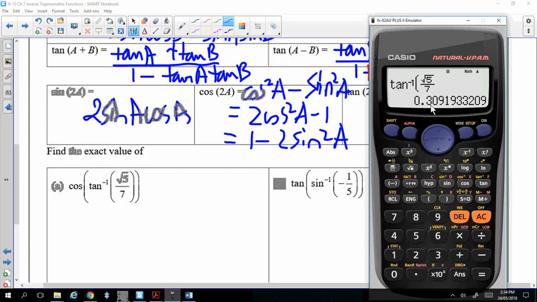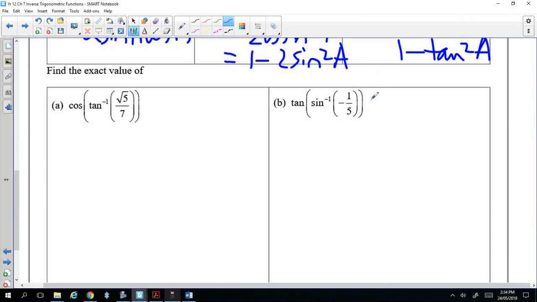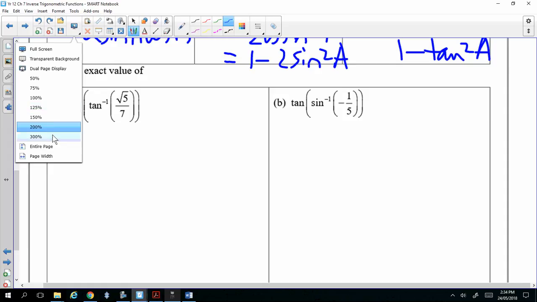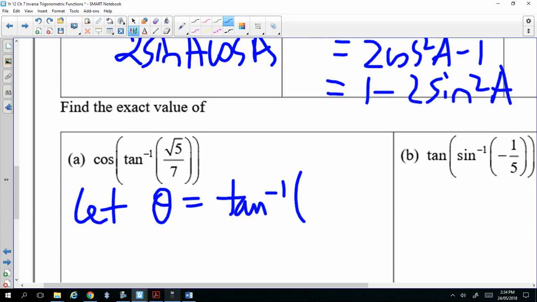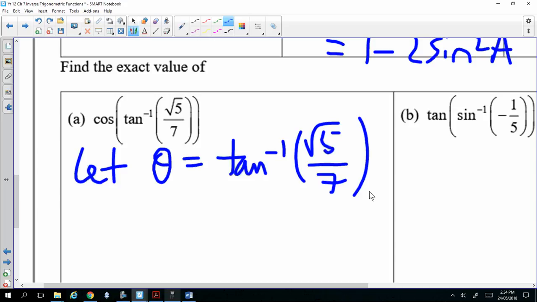So what you do is, for this one, you have to draw a triangle. We're going to let theta equal to tan inverse of root 5 over 7, like that, and then write tan theta equal to root 5 over 7. Now why do I do this? Because now the question becomes cos theta, because this is theta now, isn't it?